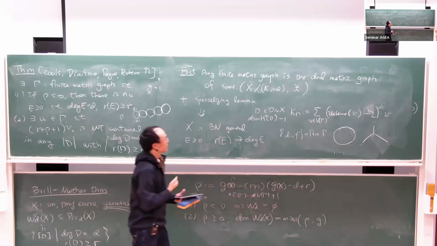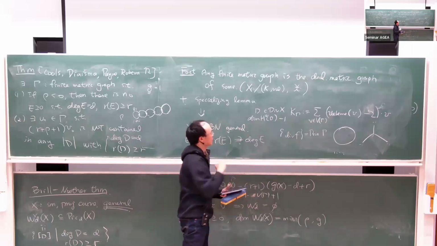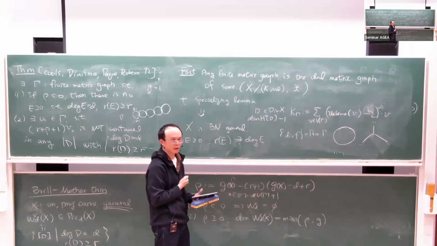So we do have some relation of the rank and the degree, which is the content of the Riemann-Roch. But in general, they are different, right?